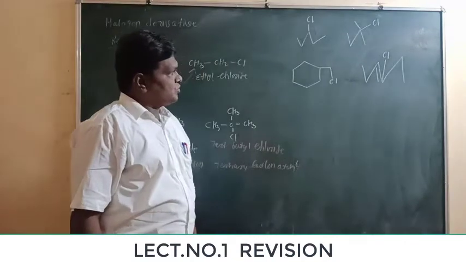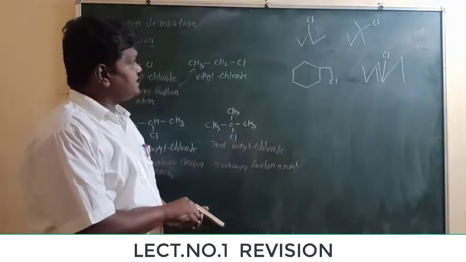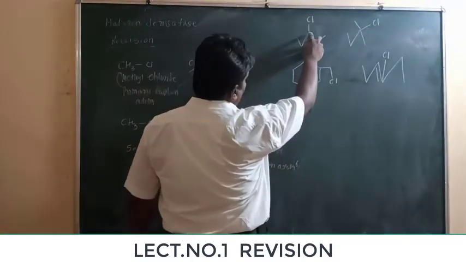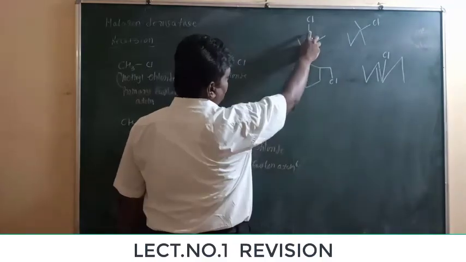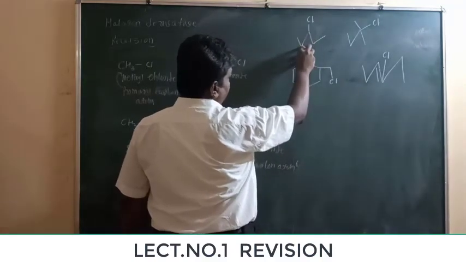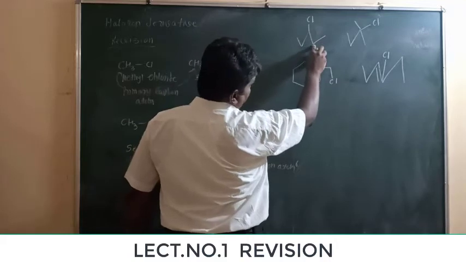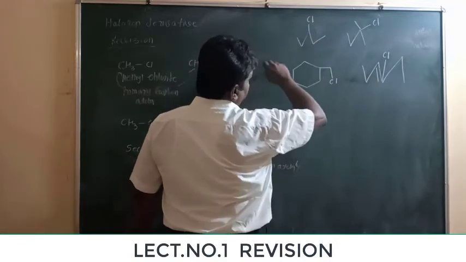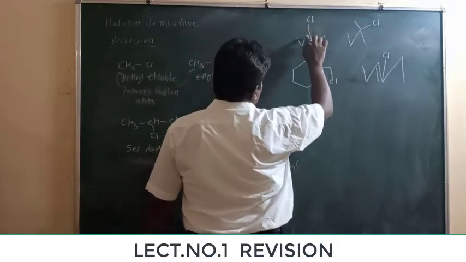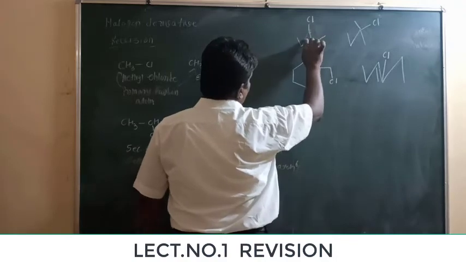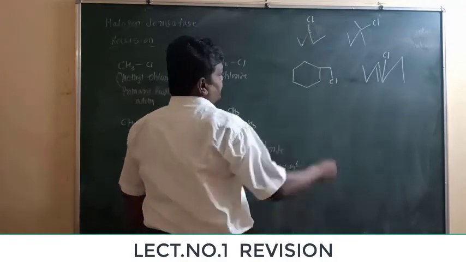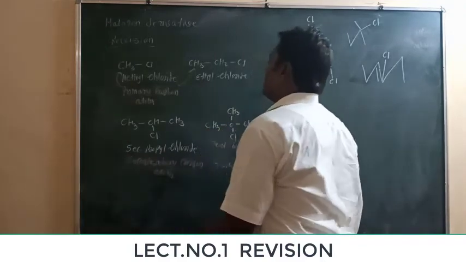Okay, so these are the 4 examples. In this case, the chlorine atom is attached to this CH2 group. This is CH3, CH2, CH, CH2, and this is CH3. So which carbon atom is this? This carbon atom is attached to the first one and second one, so we say this is a secondary carbon atom.